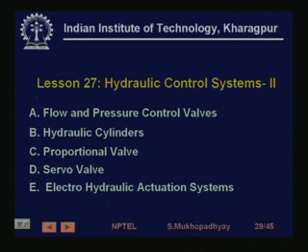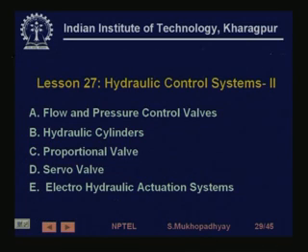Then in the next lesson we continued this, and we took a look at flow and pressure control valves, and previously we mainly took a look at direction control valves. Now we took flow and pressure control valves, hydraulic cylinders, then 2 kinds of valves which are used very much in controls, that is in analog flow control.